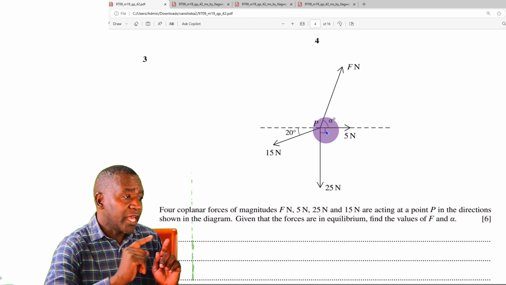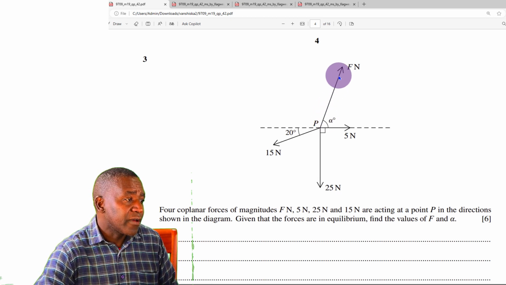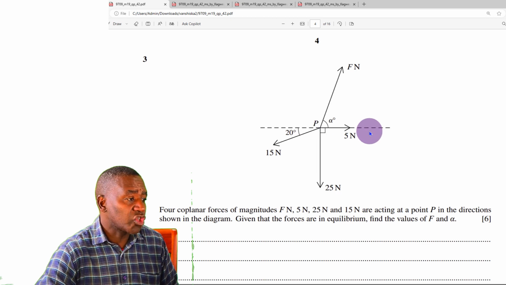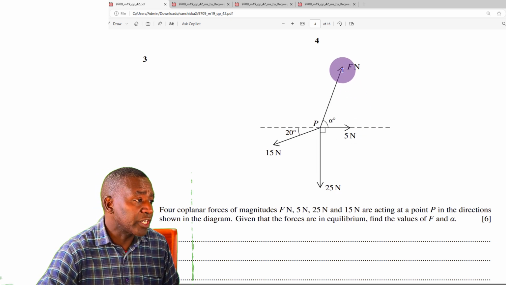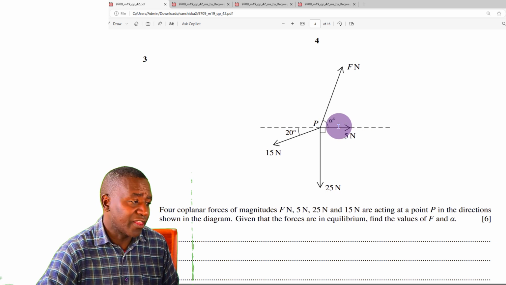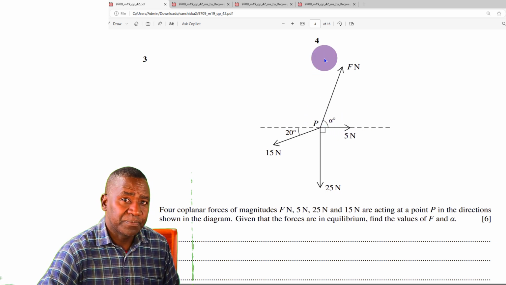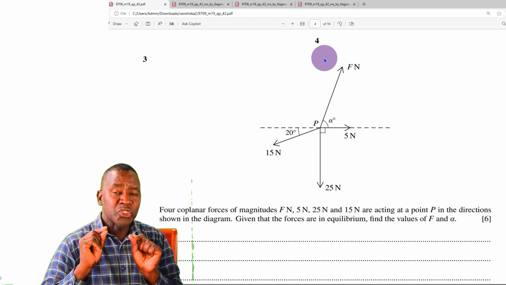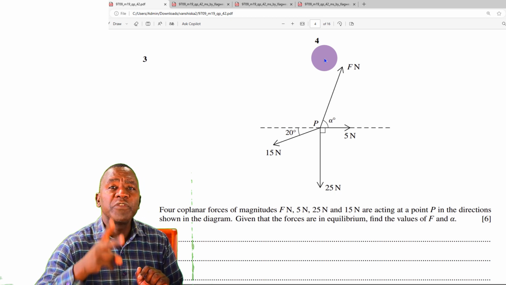For example, here we find that F is not in the vertical direction, it is not horizontal. So we are supposed to resolve it in such a way that we get one component which is horizontal, the other component which is vertical. Second point, when you resolve a force, you always resolve it twice.